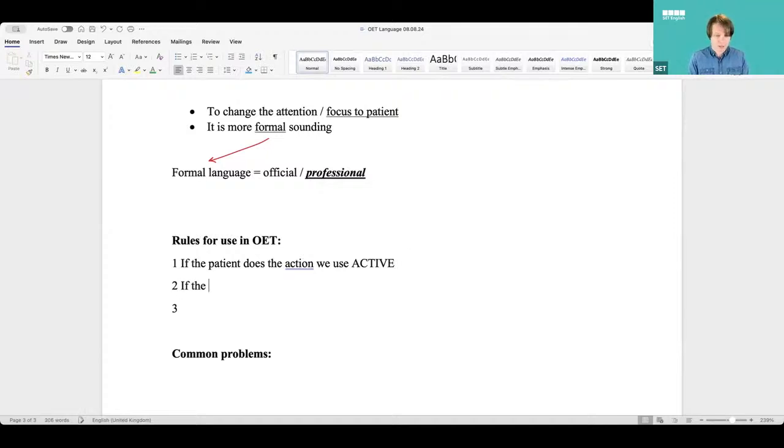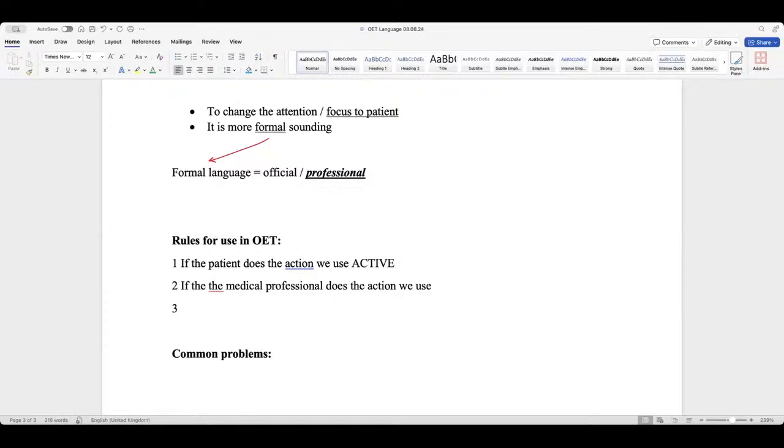If the medical professional does the action, we use passive. Okay. What about this though?